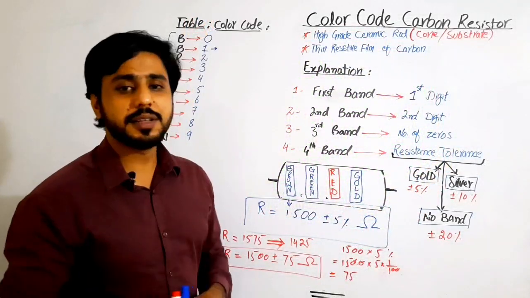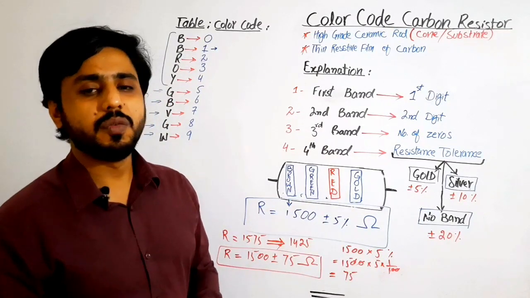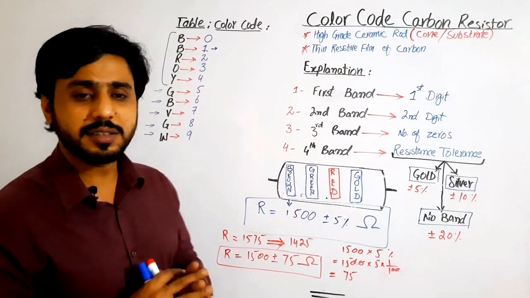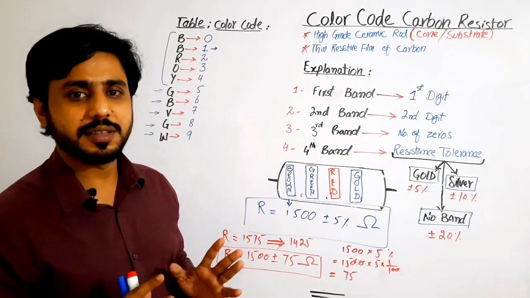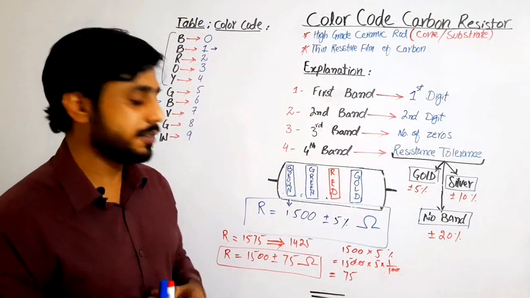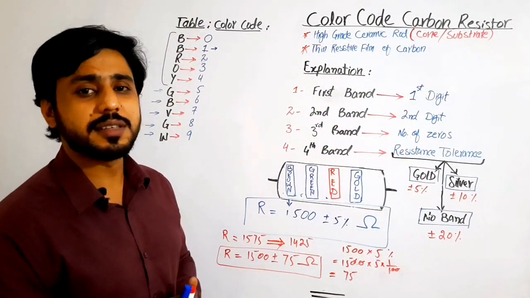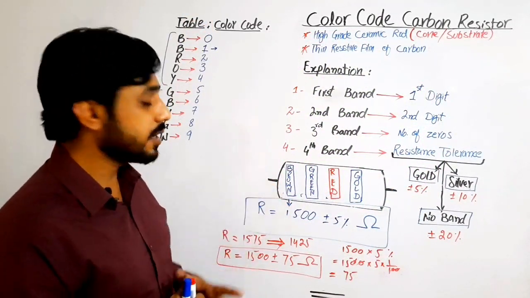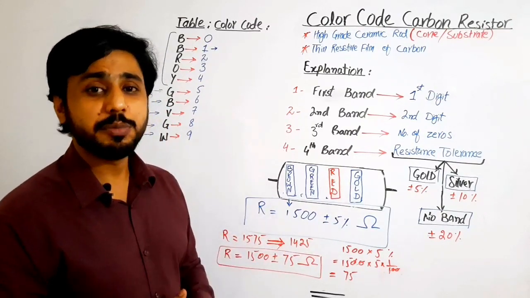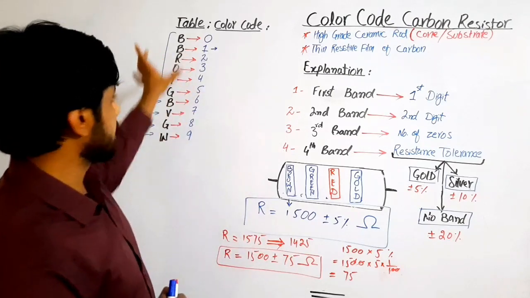So I consider there are two people. One is Pakistani, the second is Chinese, and the Pakistani can't read Chinese. Similarly, the Chinese cannot read Urdu. If I give this question, find the resistance of this color code carbon resistor, both will find the same answer because both have this table.